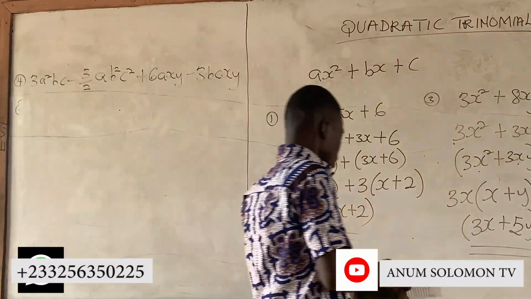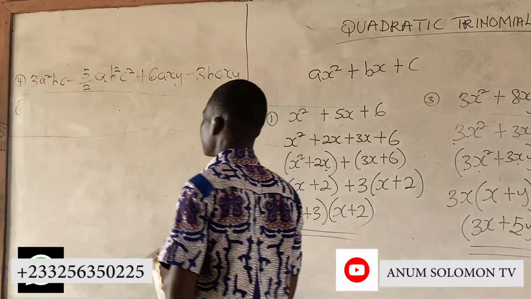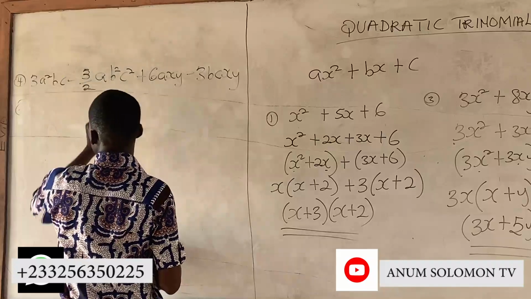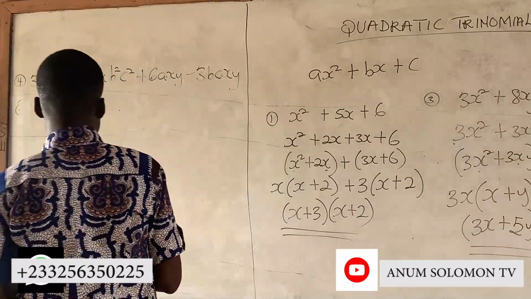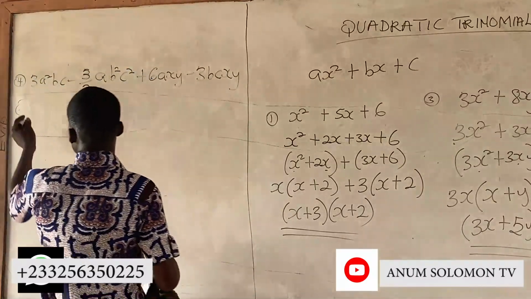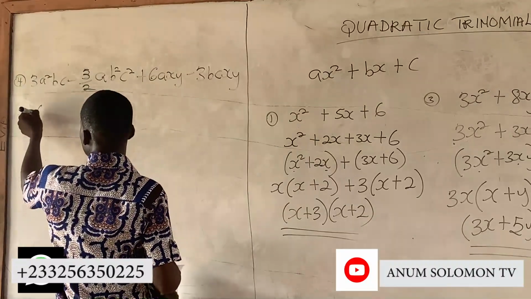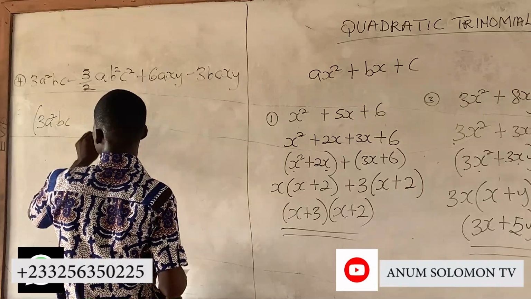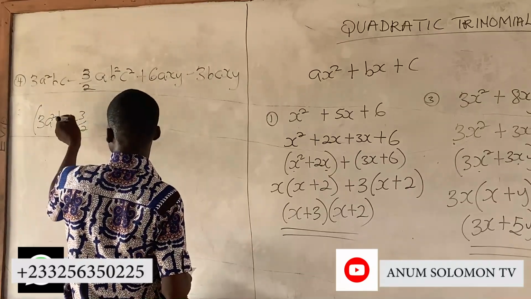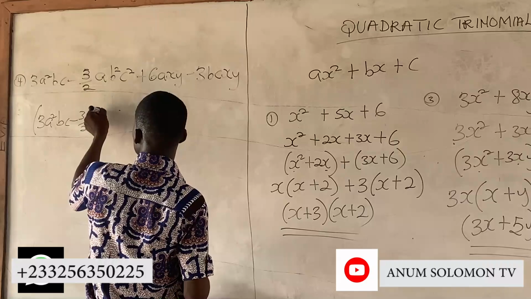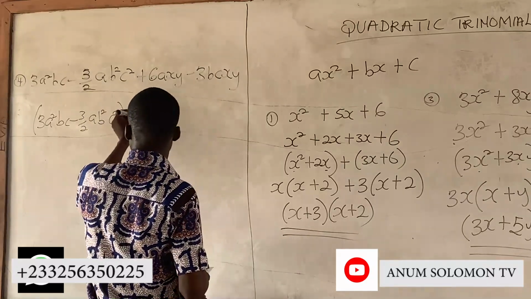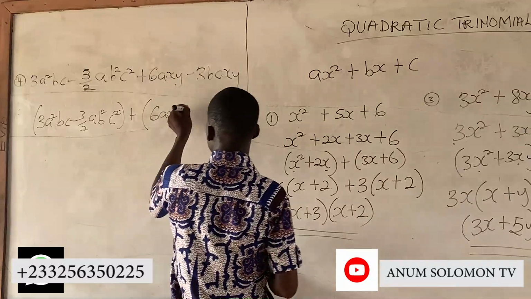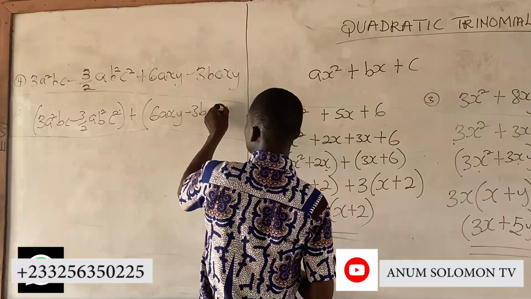Let's look at how to solve this problem. Let's group the terms into 2. We have 3a squared bc minus 3 over 2 ab squared c squared, plus 6axy minus 3bcxy.